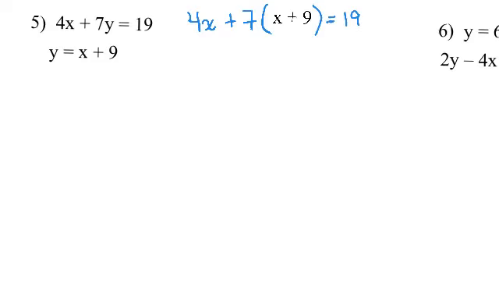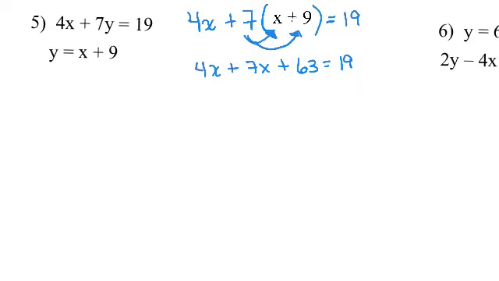Now, step 2, we're going to distribute. And we're going to distribute to 2 terms this time. So we distribute the 7 times the x and the 7 times the 9. 4x plus 7x plus 63 equals 19. So step 2 is to distribute.